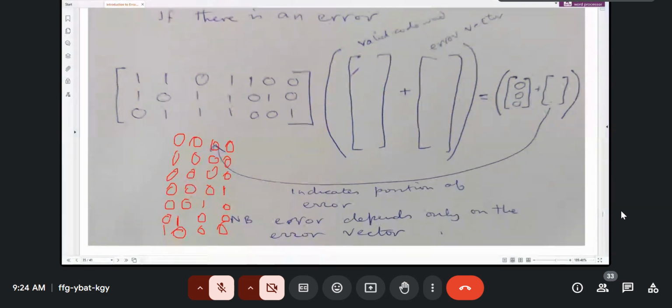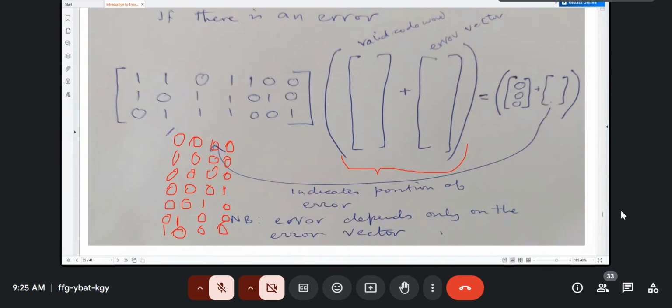And of course, this is the received code word. So we are saying the received code word must be some valid code word with 1 bit error. So you have an error vector, one of these error vectors. Yeah, there are another 3 vectors.